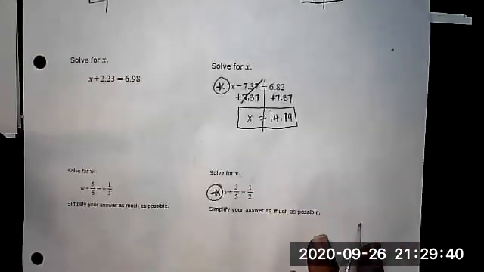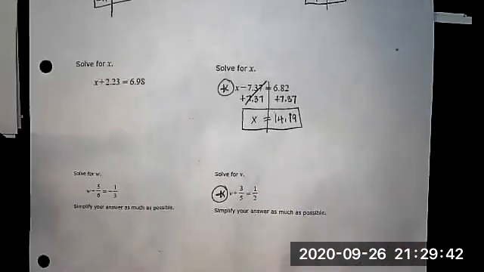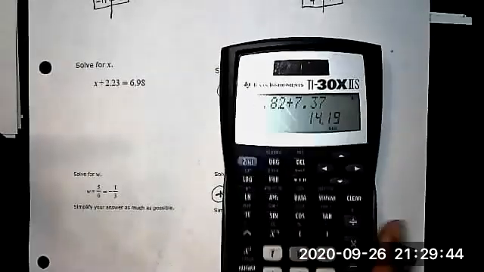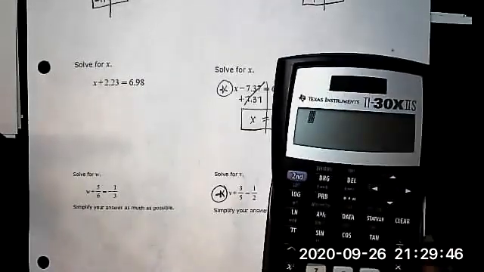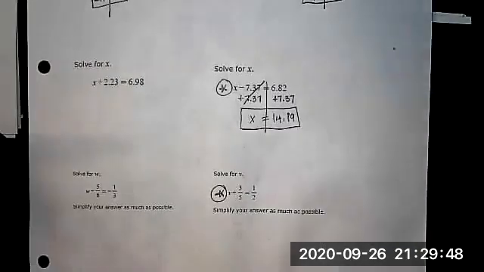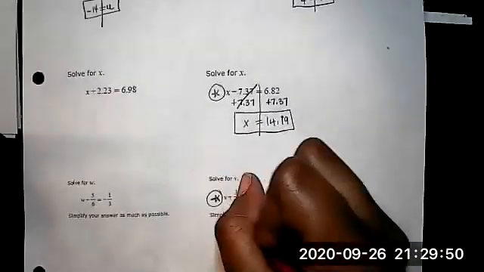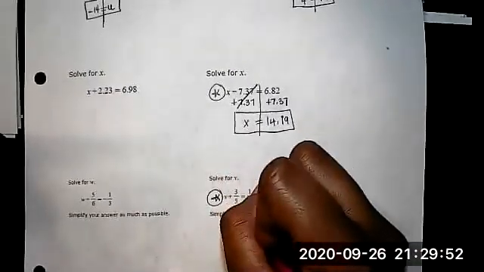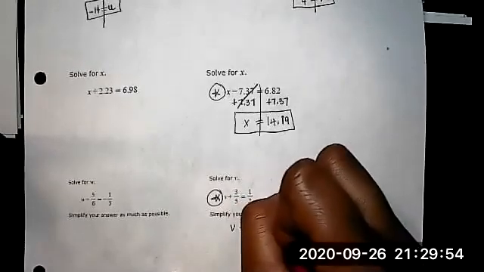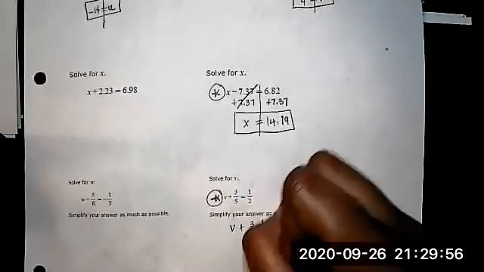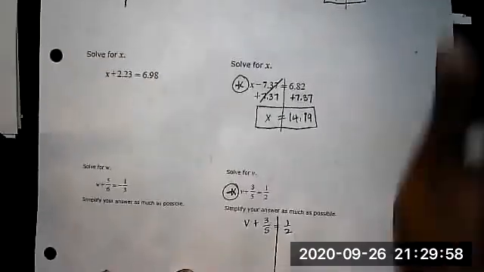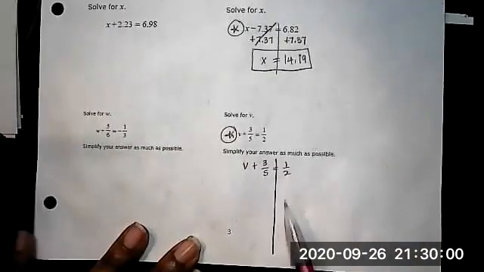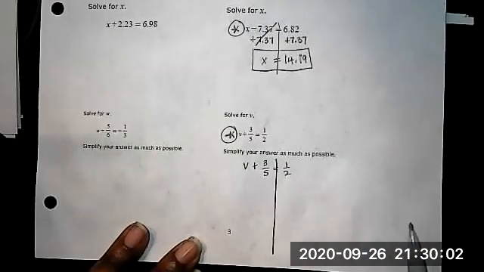Simplify your answers as much as possible. If you have one of these nice little handy dandy calculators, your answer can actually come out as a fraction. I'm going to show you how to do that. Now, you're going to solve this problem like we just solved all the rest of them, okay? We're getting v by itself. Even though it's a fraction, it's still numbers.